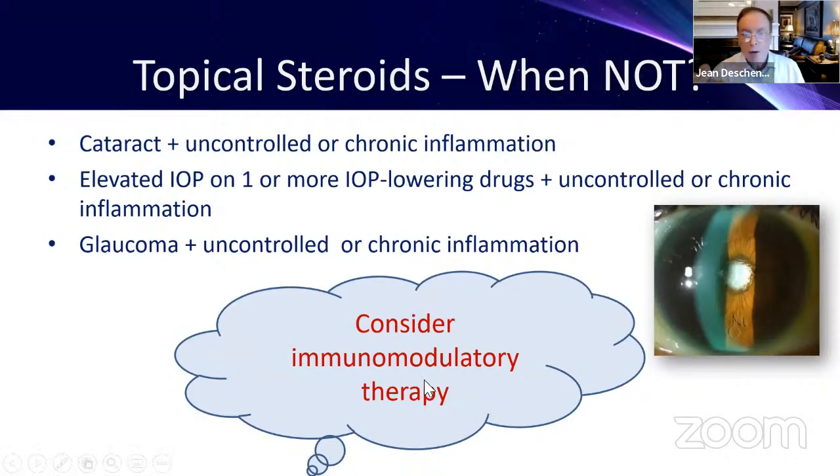I'll always use something else, like immunomodulatory therapy. Increased intraocular pressure on one or more drugs, topical drugs or systemic drugs, then I will suggest that you either switch to a very low potency corticosteroid or stop the corticosteroid. Of course, glaucoma plus uncontrolled or chronic inflammation, you should really then consider something else than topical corticosteroid.